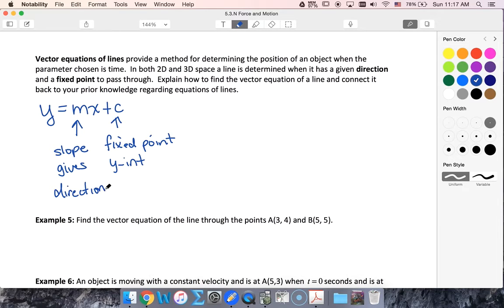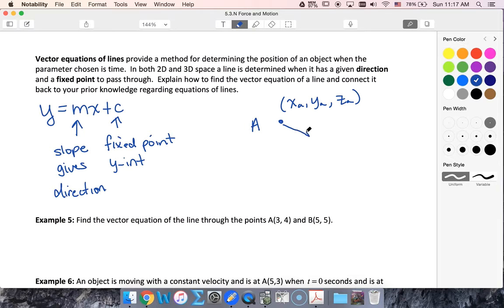Well, we can do the same things using vectors. If I think about a known point, so let's say that I have this point A that's a known point, coordinates xa, ya, za. And then I have some sort of direction I'm heading.